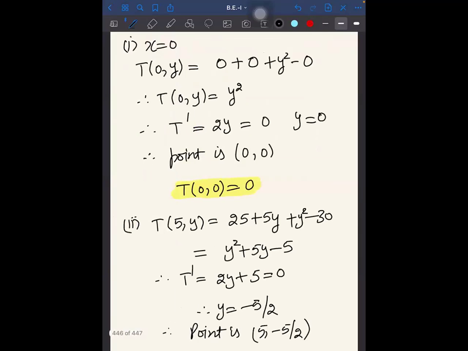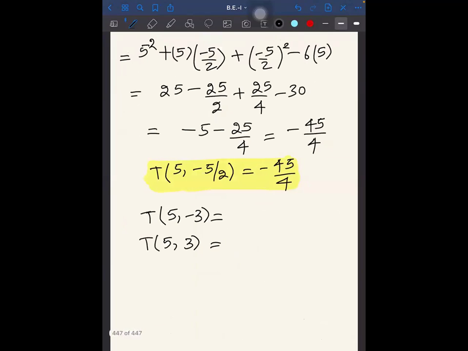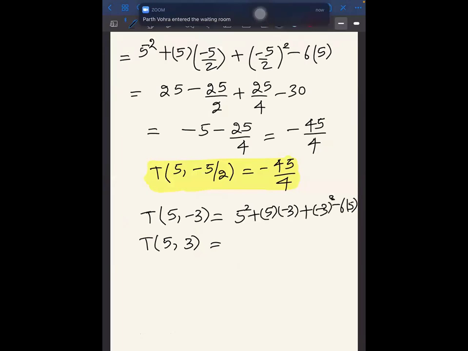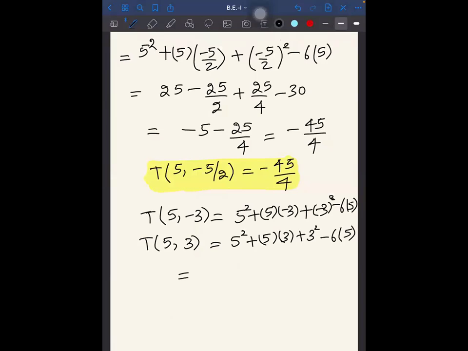So 5 square plus 5 into minus 3 plus minus 3 square minus 6 times the 5, and then again 5 square plus 5 into 3 plus 3 square minus 6 into 5. So the values become 25 minus 15 plus 9 minus 30 and 25.